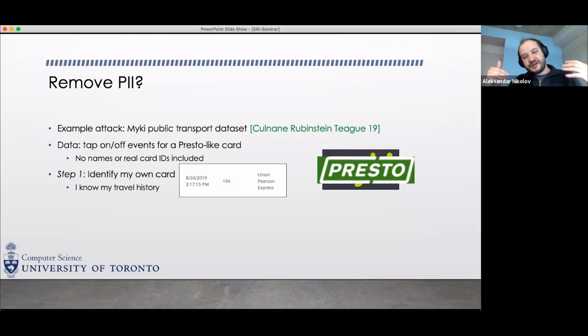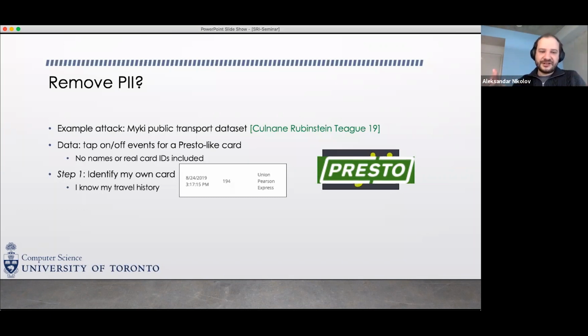And it turns out that almost everyone's card can be identified uniquely from 2 or 3 trips. This is a running theme with these kinds of attacks. It's almost always the case that a surprisingly small number of pieces of information that look innocuous in isolation, when combined, can identify a person uniquely. And this is the case here too. Just 2 or 3 trips on average tend to identify a card uniquely.